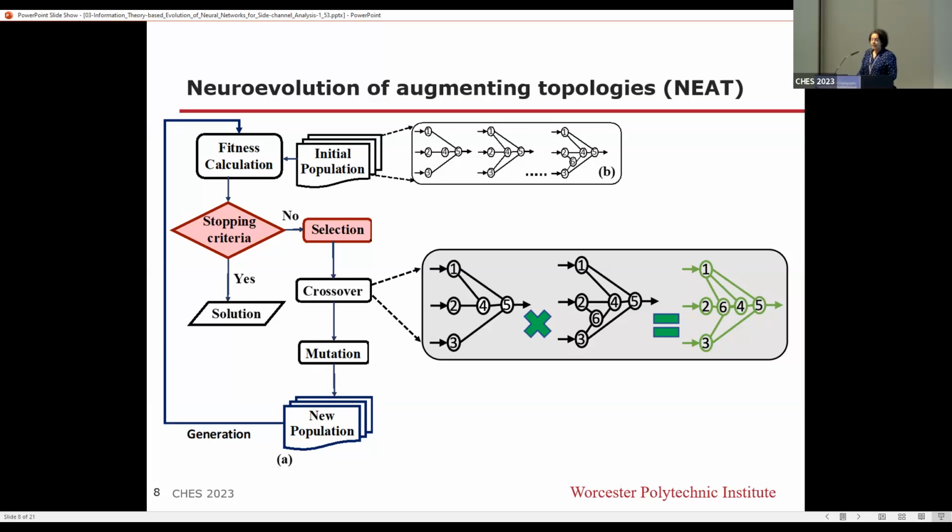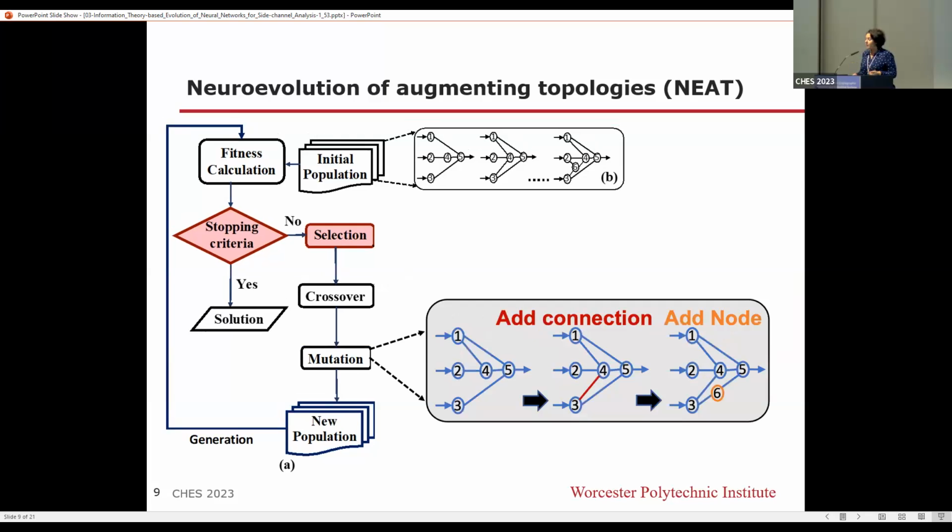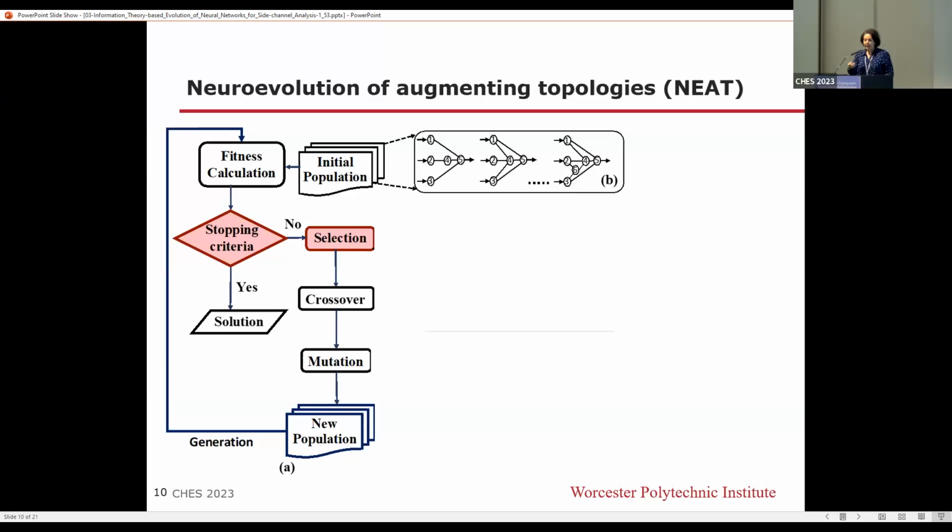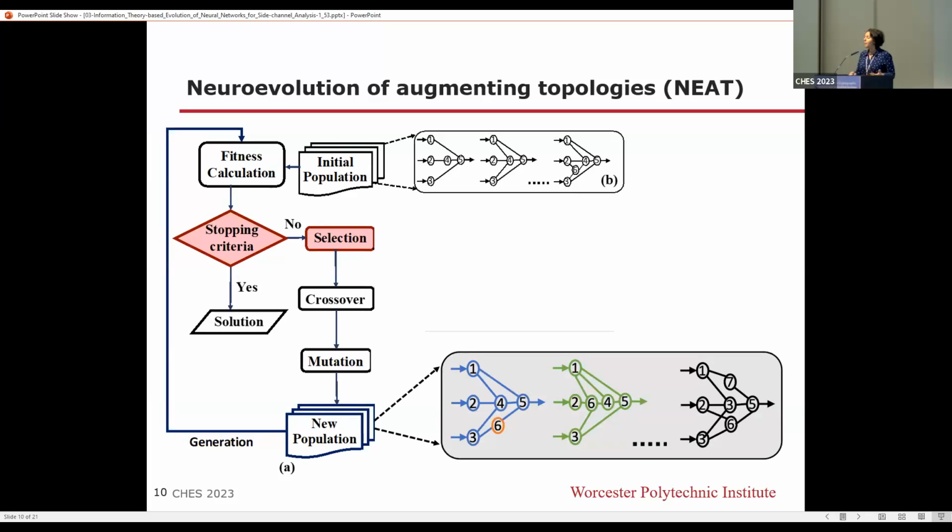For instance, the crossover mechanism can be used to just exchange nodes and connections between two neural networks. We have mutation at that level. We can add nodes, we can add connections to the previous generation of neural networks. And then we end up having a new population.